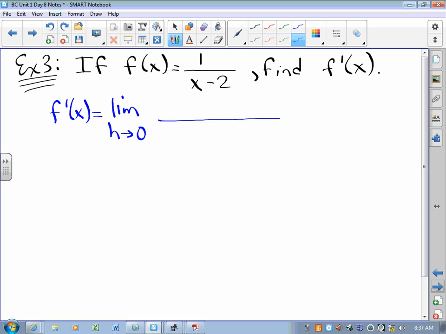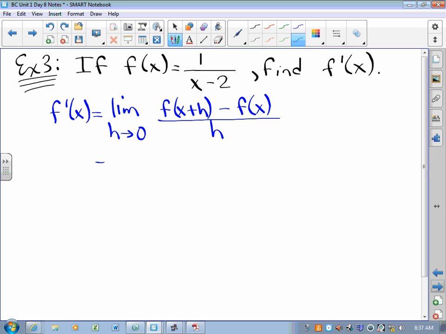And the slope of a secant line is f at a generic point plus h minus f at a generic point, divided by h. It is still a change in y over a change in x applied to the interval from a fixed point x to a movable point x plus h.